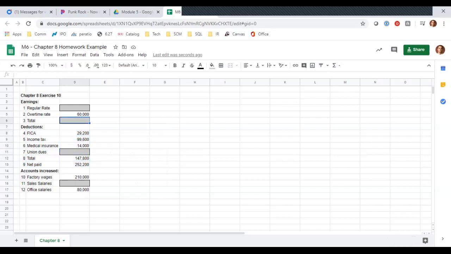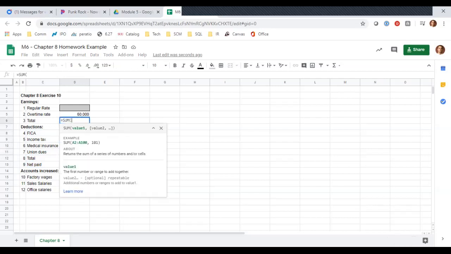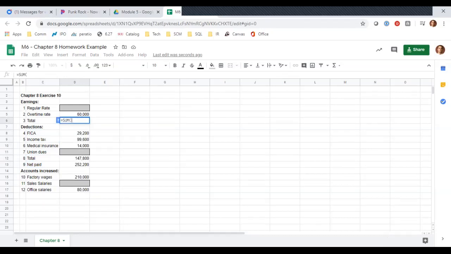Okay, so our total earnings is going to be equal to our total deductions plus our total net pay. And then that makes our regular earnings rate really easy. We just take 400,000, subtract what we paid in our overtime rate, and we get our regular rate.